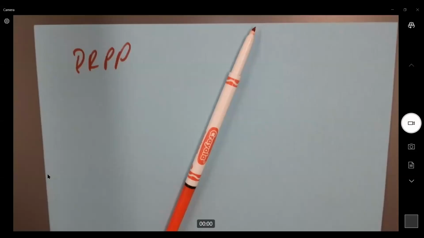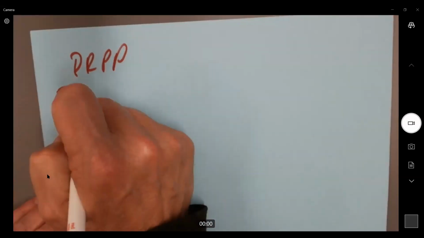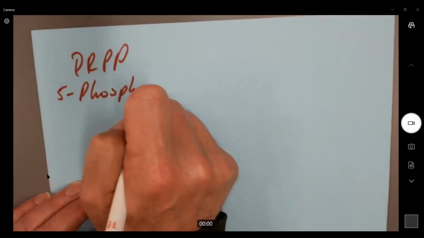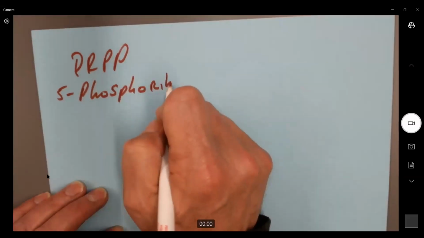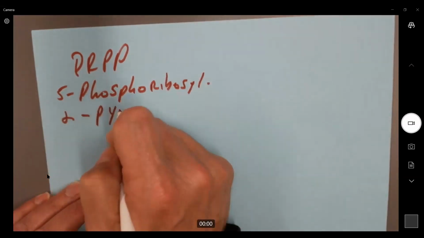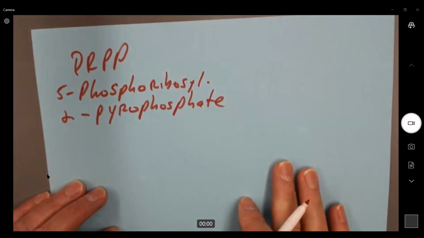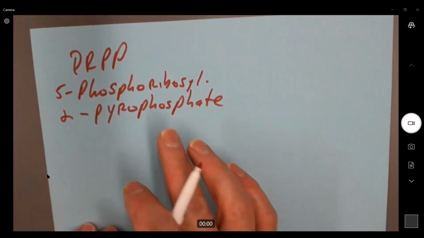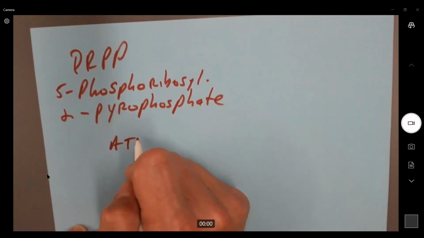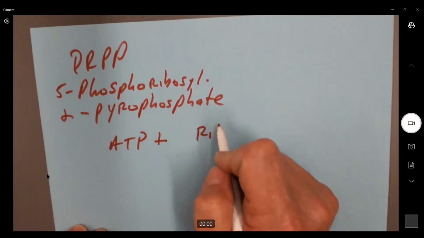Okay, PRPP, this is 5-phosphoribosyl alpha pyrophosphate. So this gets made from ATP and also from just ribose 5-phosphate.